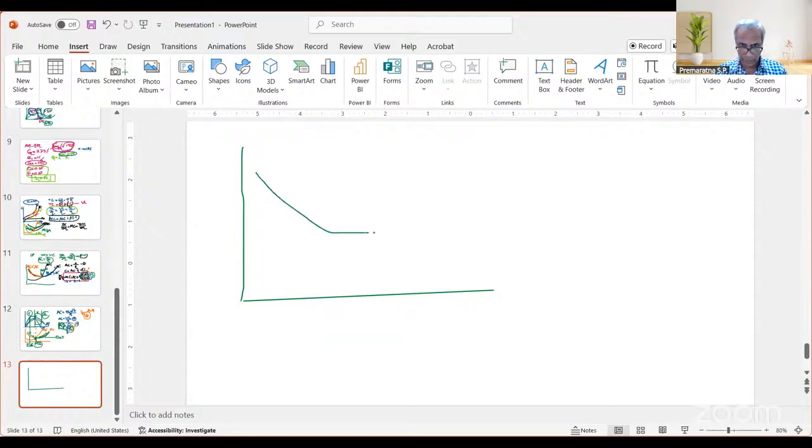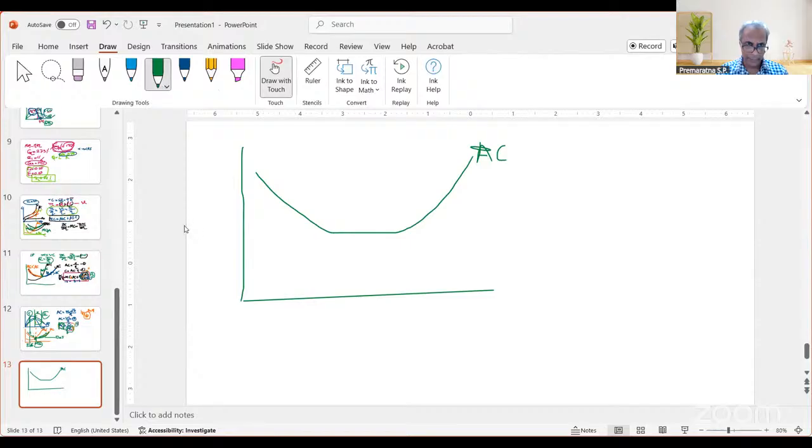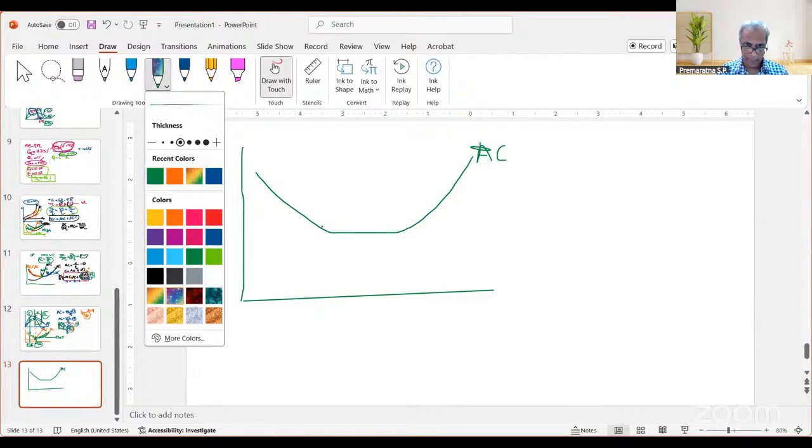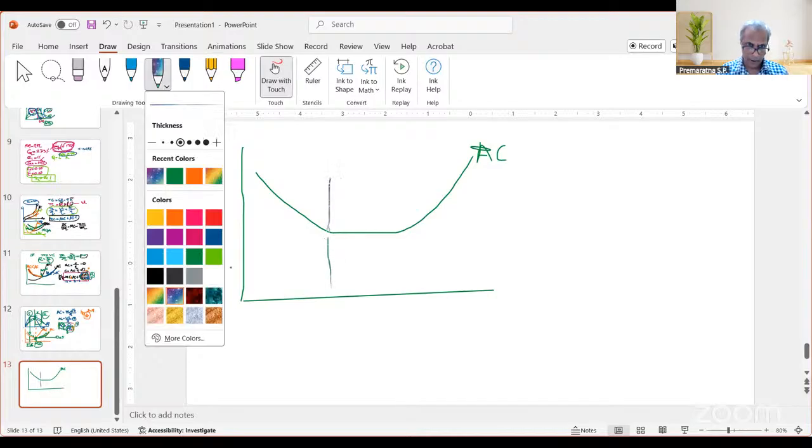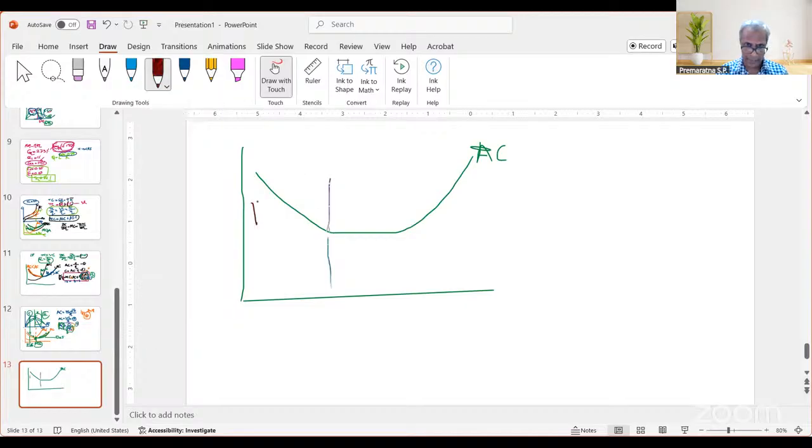Let's say you have the long run average cost curve. You can see the economies of scale.